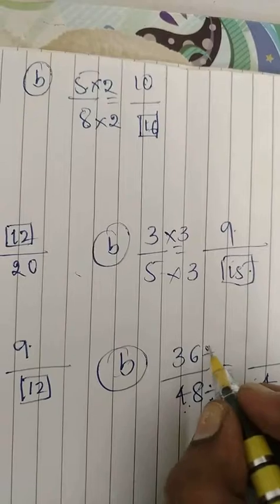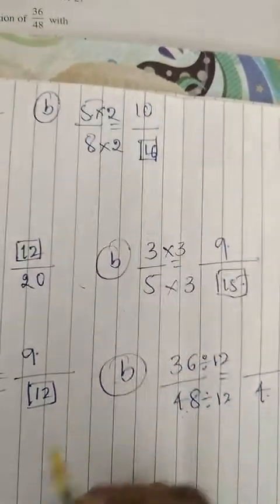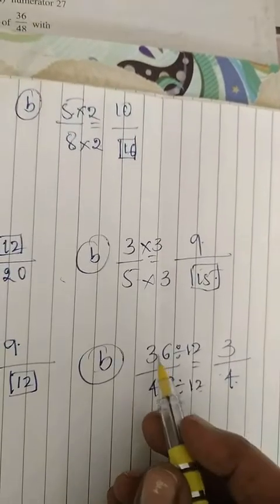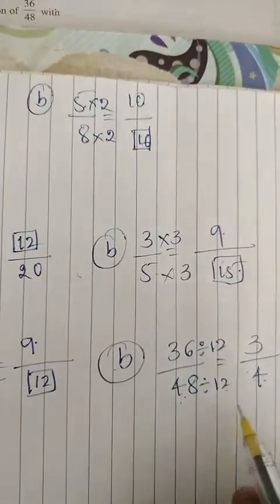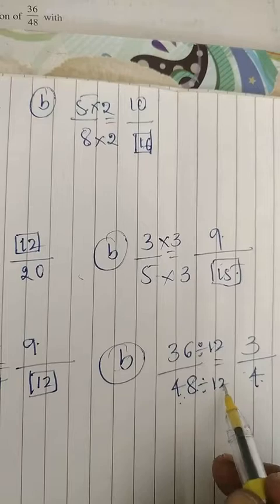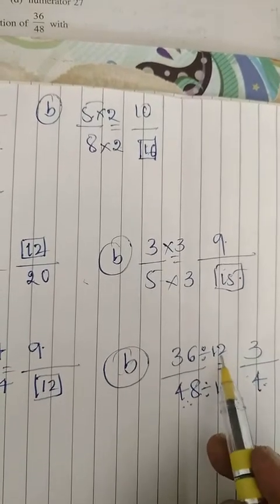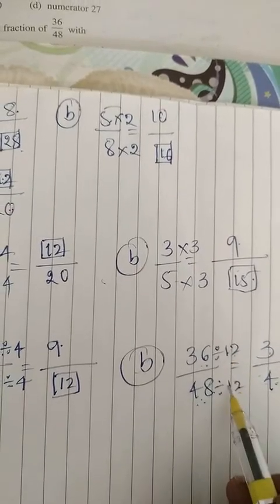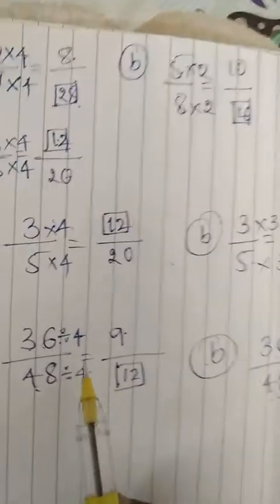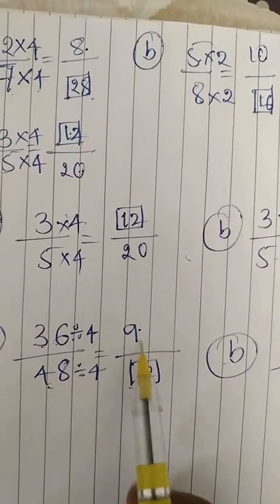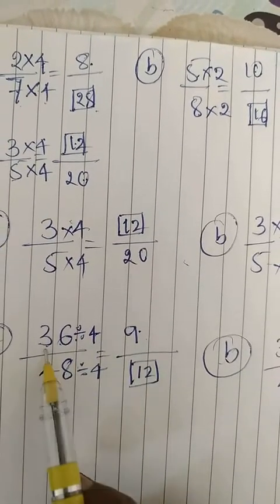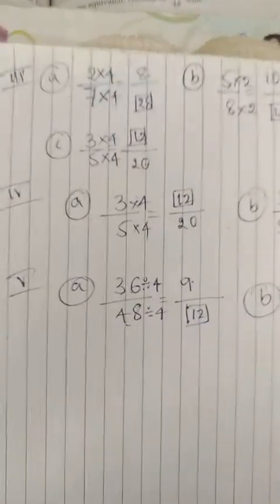So the same number you have to take for the numerator. 12 3s are 36. Understand? 12 you have to take. Here 4 you have to take. 4 12s are 48. 4 9s are 36. Understand? Fifth main completed.